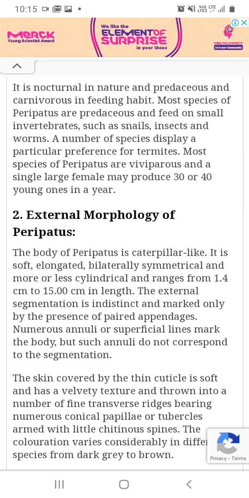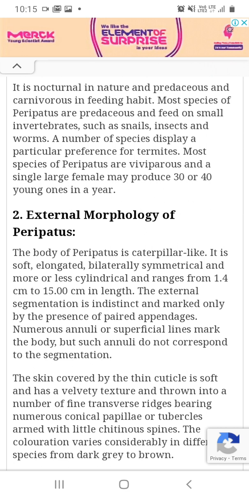The external morphology. The body of Peripatus is caterpillar-like. It is soft, elongated, bilaterally symmetrical, more or less cylindrical, and ranges from about 2 centimeters to 15 centimeters in length. As already mentioned, the external segmentation is indistinct and marked only by the presence of paired appendages.